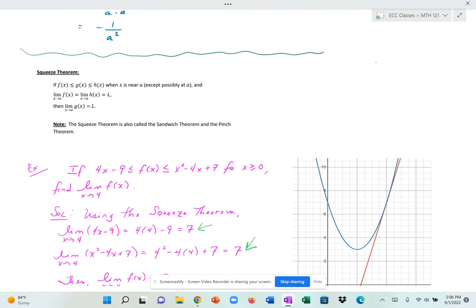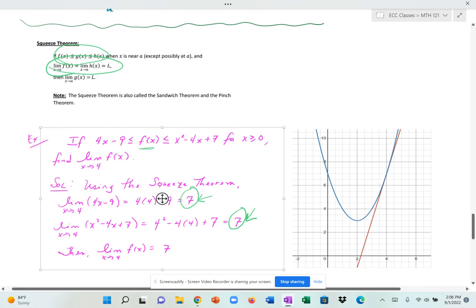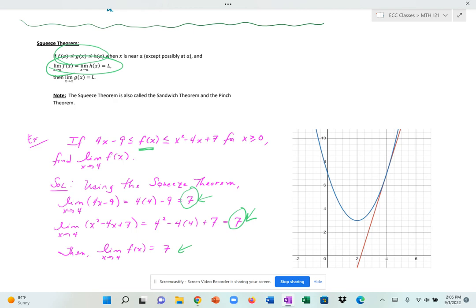So the limit of the function that's below and the limit of the function that's above are both equal. So we've proven this part. And because we have the first part and the second part, then you can conclude that the one in the middle that we're calling f of x in this problem is also equal to 7.